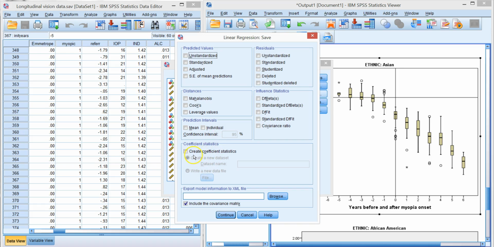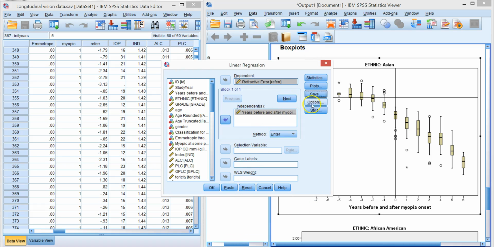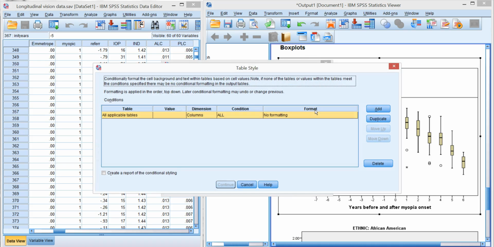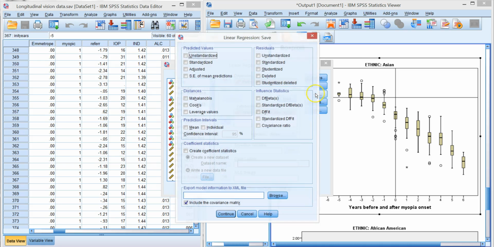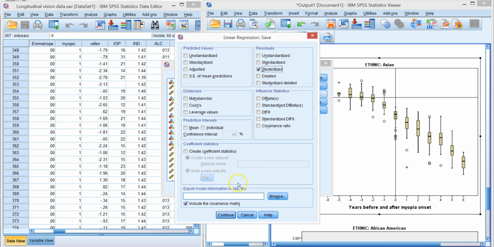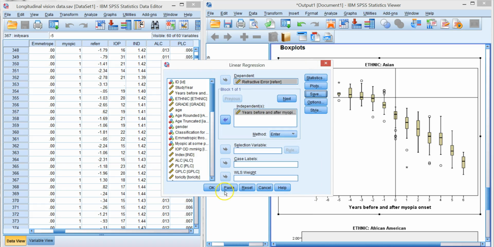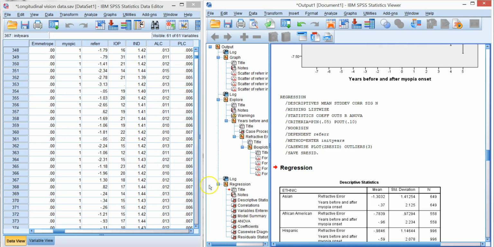And we can create a file of these coefficients. Style. Honestly, I don't use this, so I don't even know what to tell you about this. All right. Did we save our residuals? No, we want to save our studentized residuals. Okay.